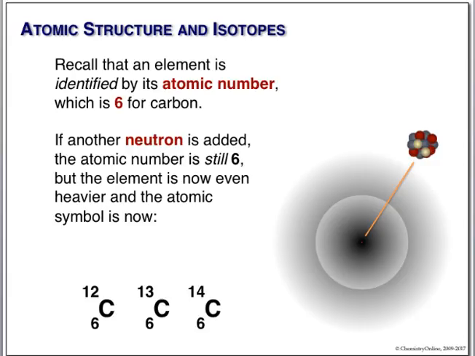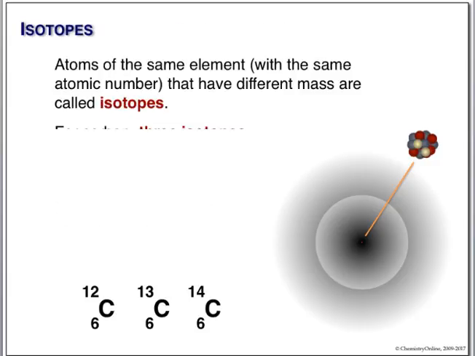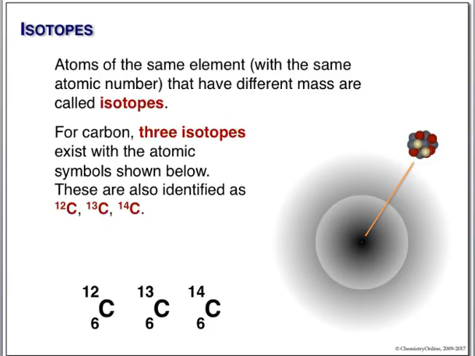These are referred to as isotopes. Isotopes are the same number of protons in the nucleus, that's the same atomic number, but differing number of neutrons. For carbon, we have what we refer to as carbon-12. Carbon-12 is the common form.